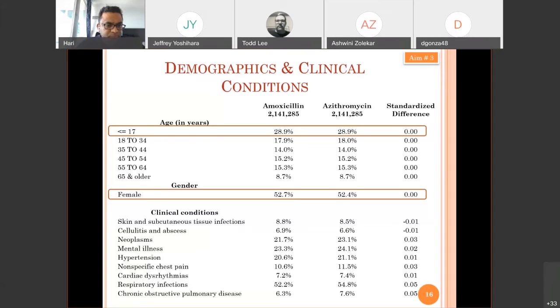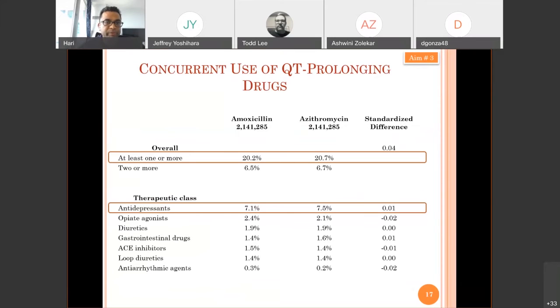As you can see, about 20% of the patients had hypertension, and the distribution is the same between both cohorts. A lot of these patients had respiratory infections, which were probably coming within the first 5 to 10 days before the index date, so the condition for which these drugs are prescribed. And then about 6 to 7% of the patients had COPD. So really no differences in terms of clinical or demographic characteristics between both of these cohorts.